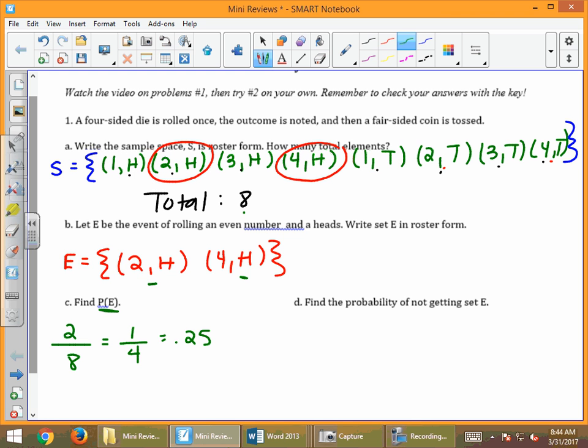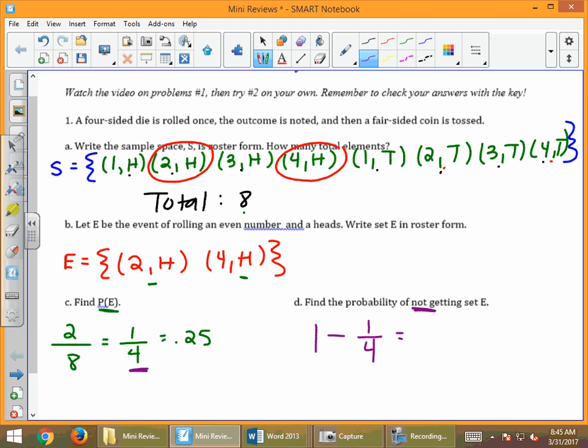And the last one, D, it says find the probability of not getting set E. Whenever you see this not, that just means complement. So anything that did not fit in set E, that's what we're trying to find the probability of. And there's a shortcut. Whenever you see the word not, all you're doing is subtracting the probability of getting E from 1. So we found the probability in fraction form of getting E is 1/4.